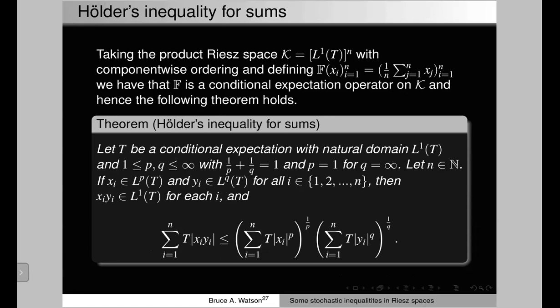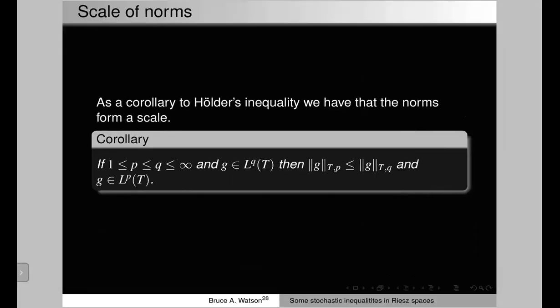And this will prove rather useful in a few moments. Amongst other things, it gives us that these LP spaces form a scale. So LQ is contained in LP for P less than or equal to Q, and we have that the P norm of G is less than or equal to the Q norm of G if G is in LQ.